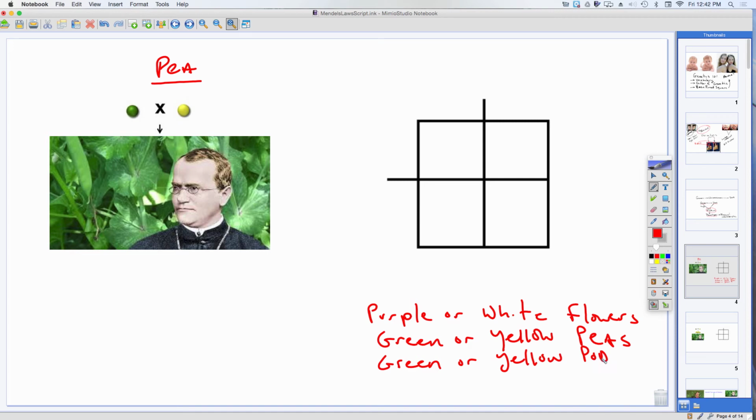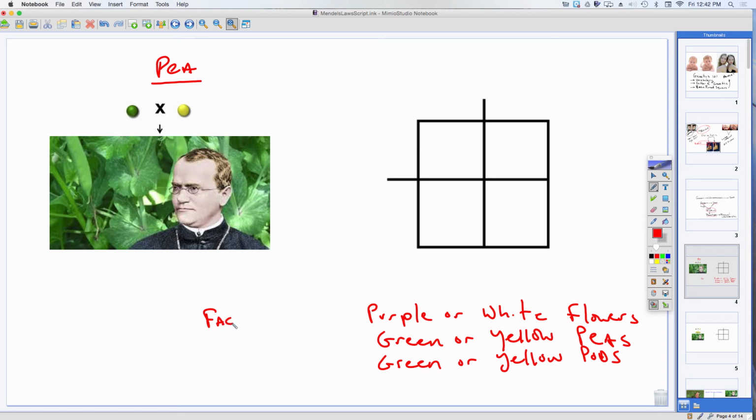And there were a number of other traits, like the height of the pea plants, as well as whether the flowers grew axial, or out of the sides in a bushy fashion, versus terminal along the top. And he defined these traits, these patterns.